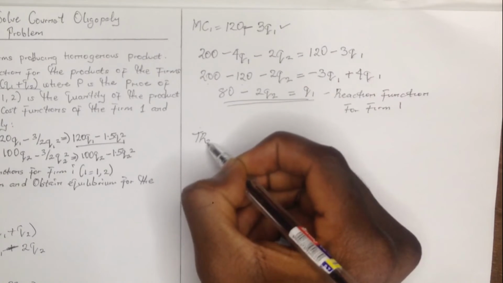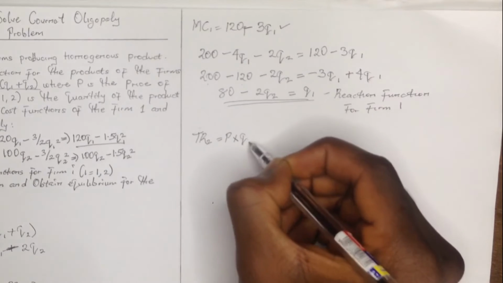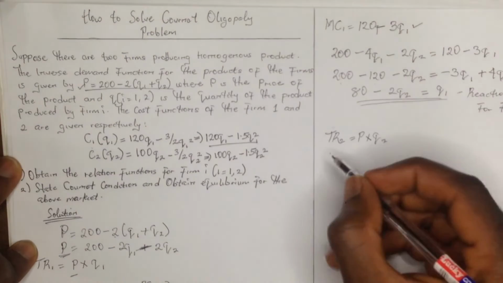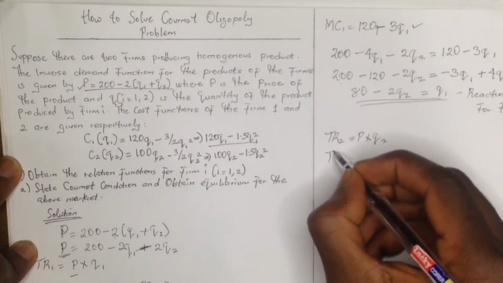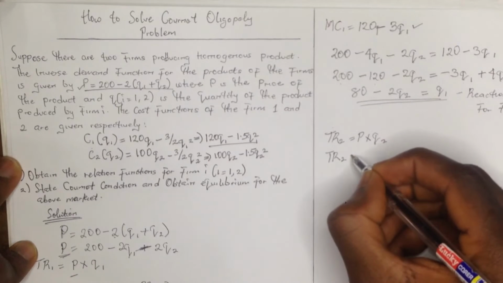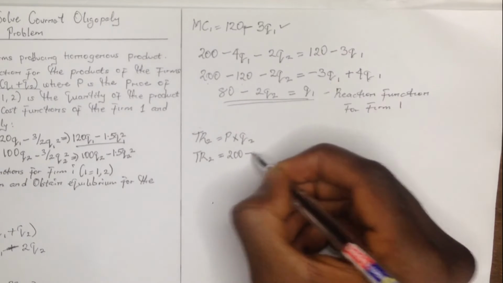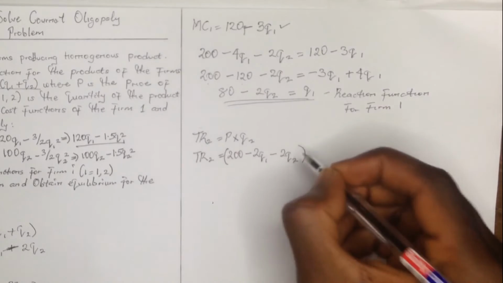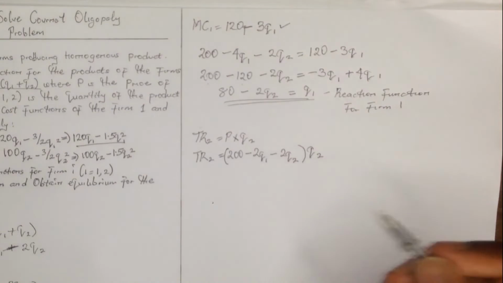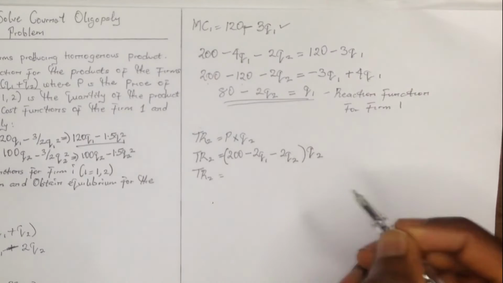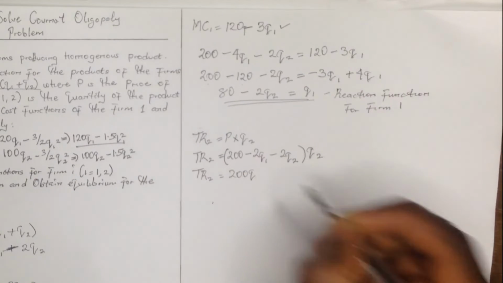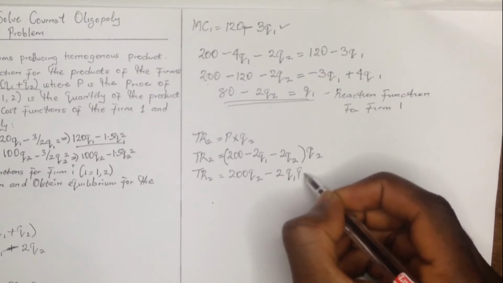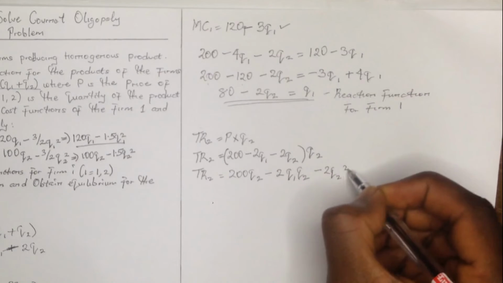Total revenue for firm 2 is P times Q2, so we slot in P like we did for firm 1: TR2 equals (200 minus 2Q1 minus 2Q2) times Q2, which is 200Q2 minus 2Q1Q2 minus 2Q2 squared.